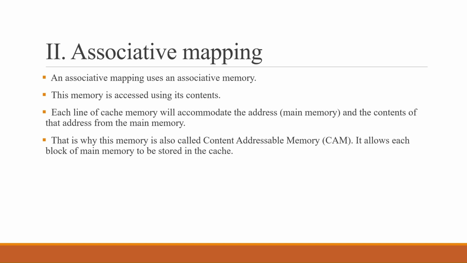Since the mapping is not predetermined, associative mapping offers a higher hit rate than direct mapping. However, associative mapping is more complex and it requires more hardware resources than direct mapping. Additionally, searching the entire cache memory for a block can be time consuming, resulting in longer access time.